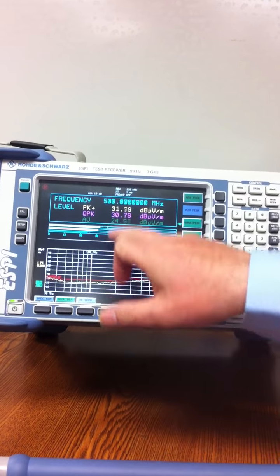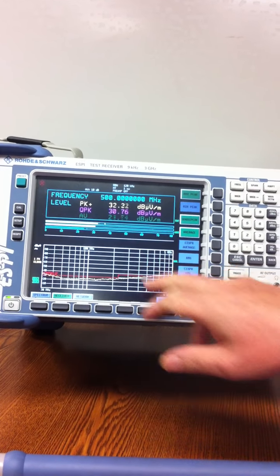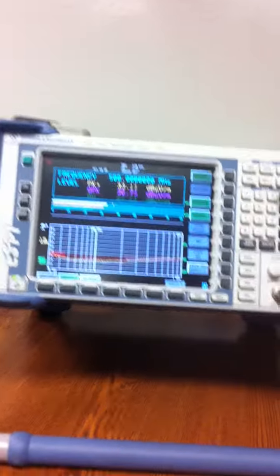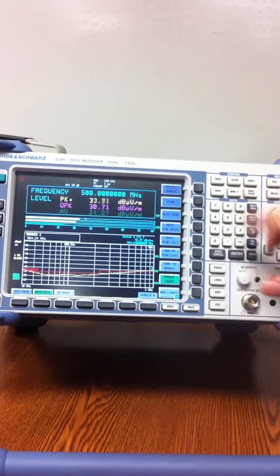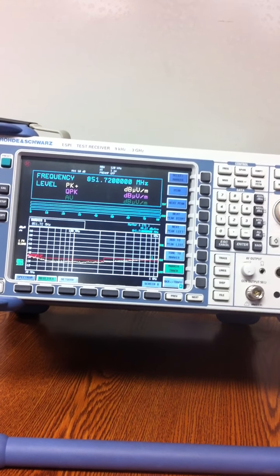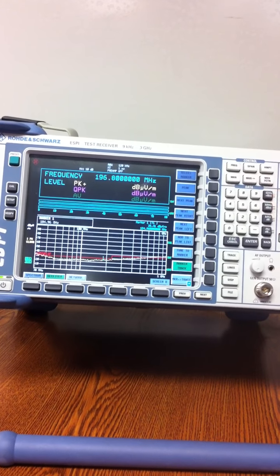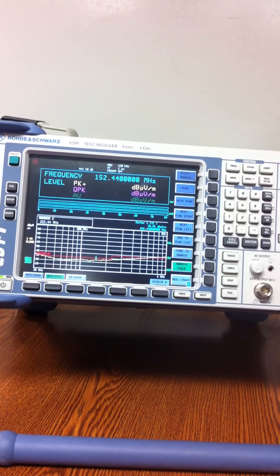If you have some nice valleys and hills on your curve, you can go to the marker mode and move the marker to the hill that you want to see. Let's assume it's over here.